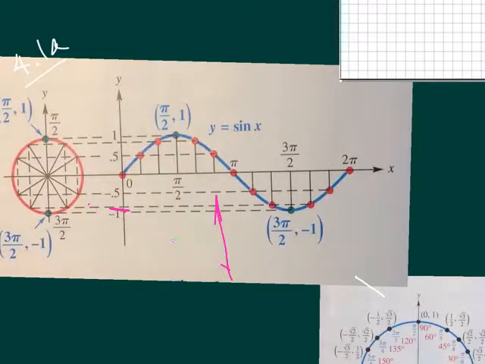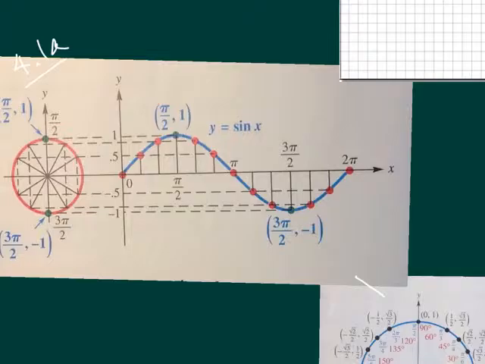A couple of the things that you need to understand when it comes to these periodic functions, first of all, is called a period. A period is where this sine wave starts repeating itself. So it goes all the way through here, and when it comes back here, it starts repeating itself. So that distance is called its period, and it is one period.